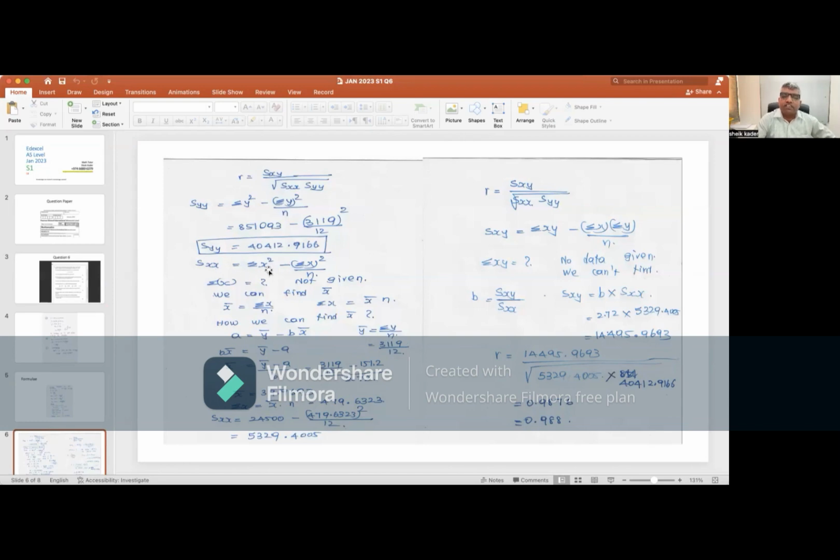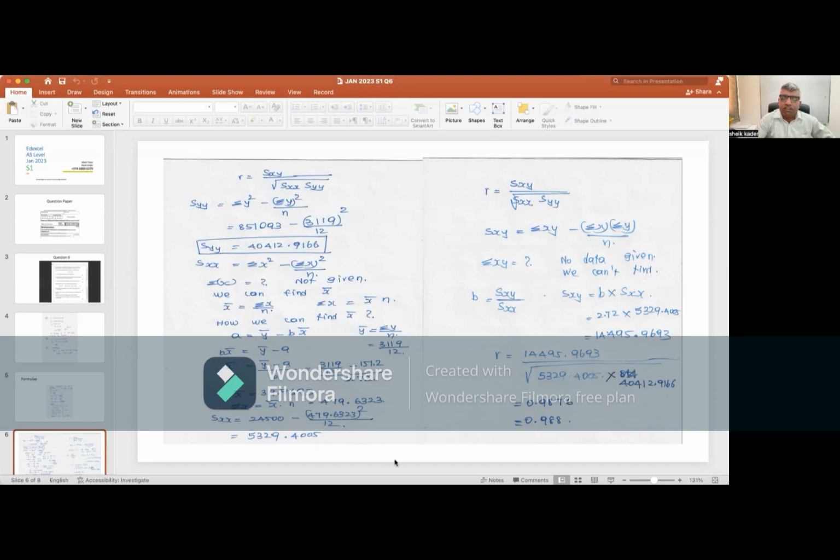Sxx equal to sigma x squared minus square of sigma x over n. Sigma x squared and n are given, but sigma x is not given, so we cannot find it directly. But we can find x bar. x bar equal to sigma x over n. If we find x bar, then we can find sigma x as x bar times n. How can we find x bar? a equal to y bar minus b x bar. Rearranging, b x bar equal to y bar minus a, so x bar equal to y bar minus a over b.